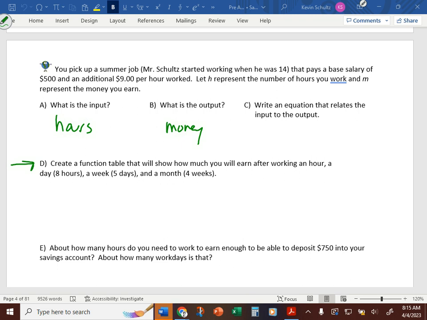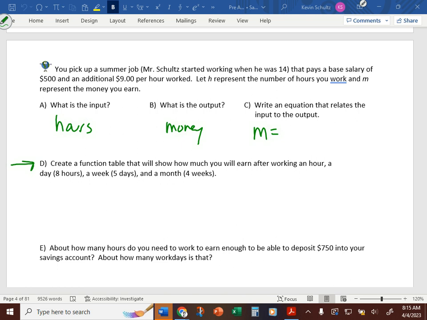Okay. Now for the equation, the money that we earn is equal to what? What's the equation that we're going to be plugging these values into to make our function table? Yeah? How many hours you work?